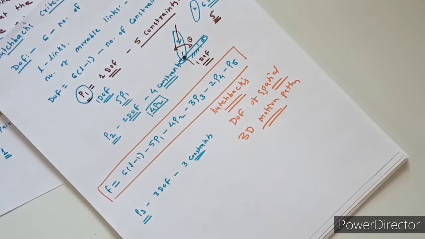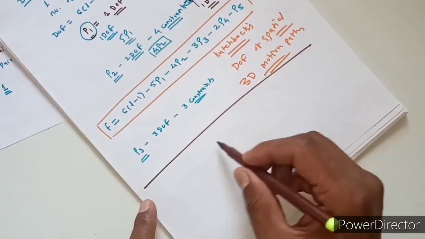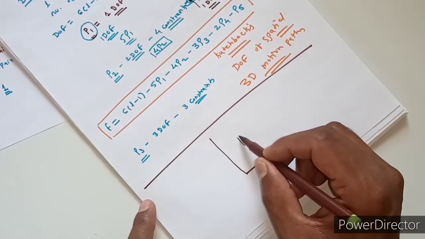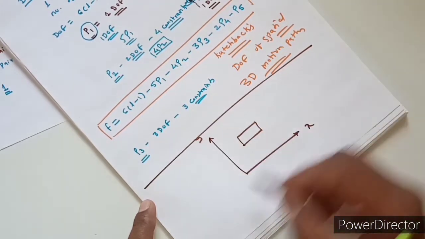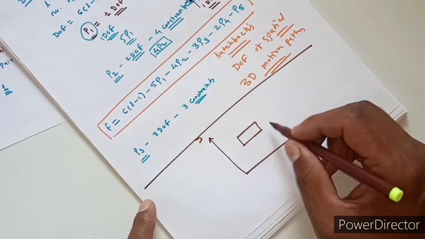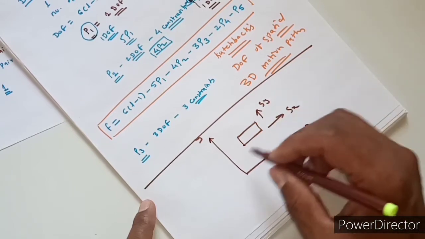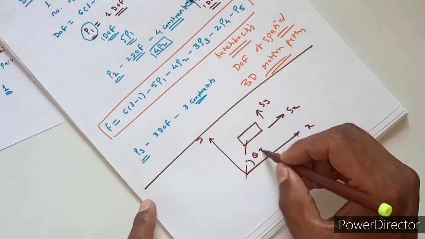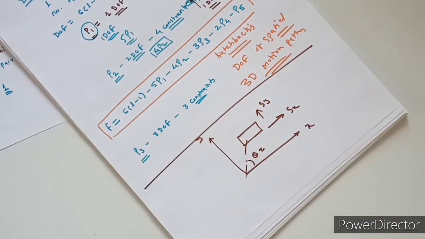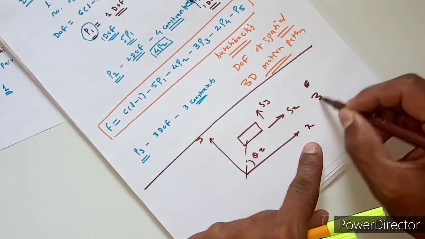Now let us reduce this equation for planar mechanisms. For a planar mechanism or a rigid body in 2-dimensional plane, it can translate along x direction, it can translate along y direction, as well as it can rotate about z axis. So a rigid body in 2-dimensional plane has 3 degrees of freedom.